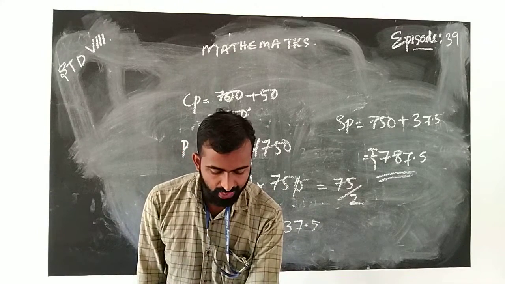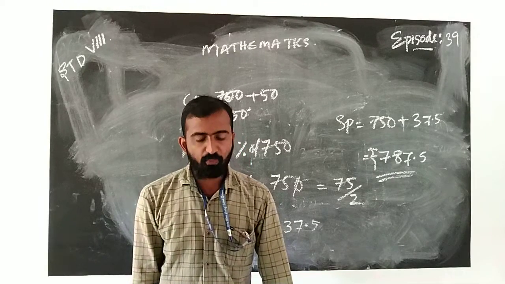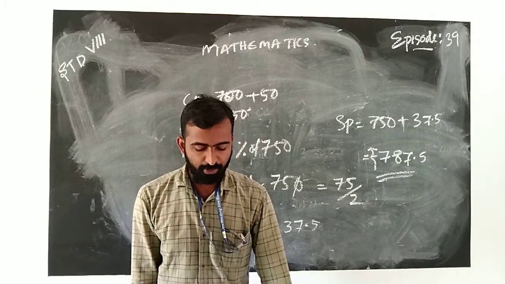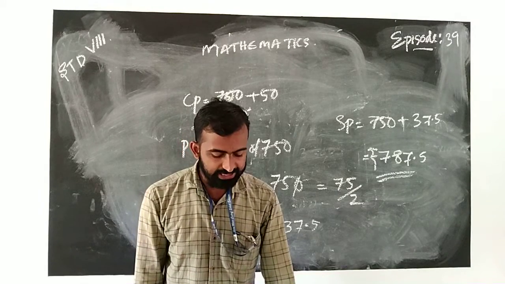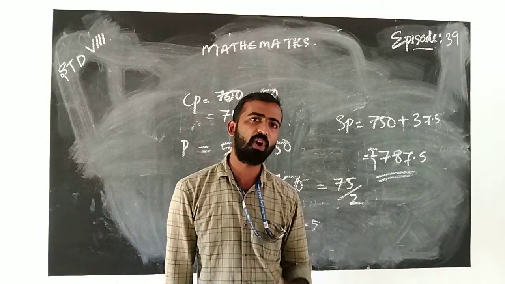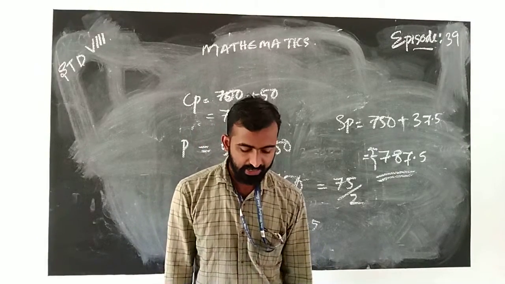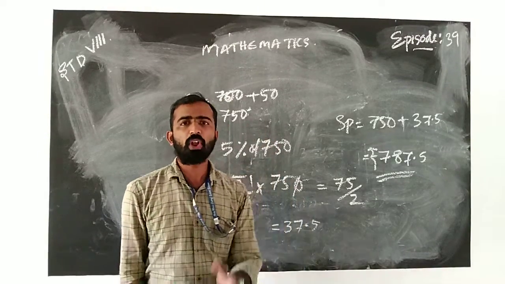And the next question is: a lawn mower bought at 1,150 with 50 rupees as transportation charge. Transportation charge means overhead charge. Then we want to find the selling price. Follow like this.